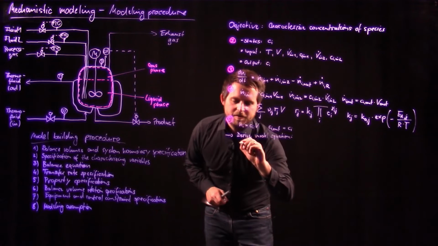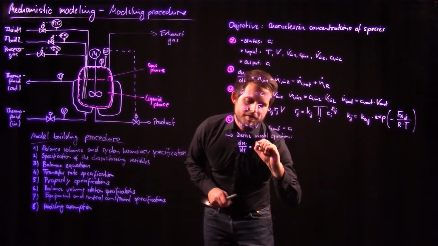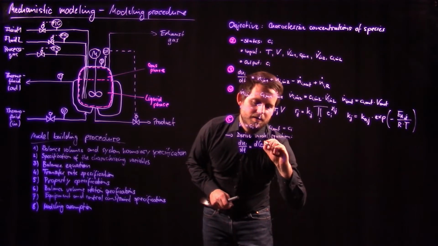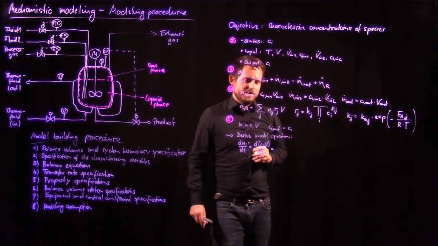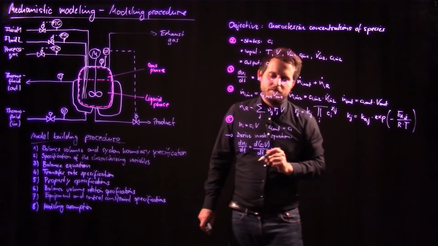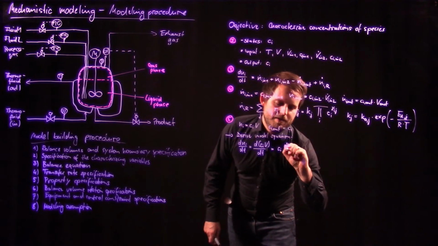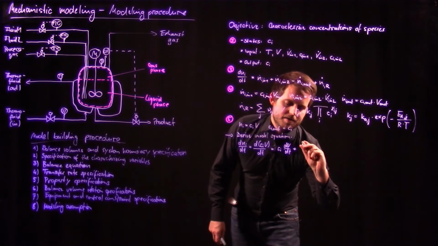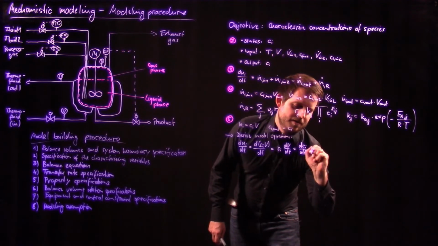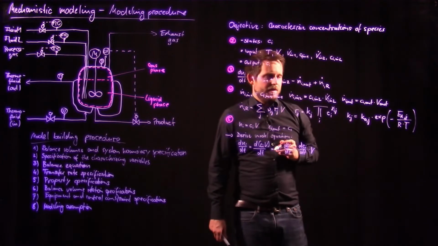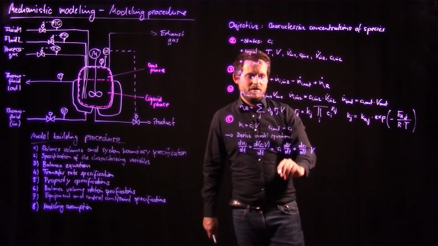So this means then dNi/dt equals d(Ci times V)/dt. And now we have to consider the product rule for the derivative and say Ci times dV/dt plus dCi/dt times V. And now we have to remember what dV/dt is.